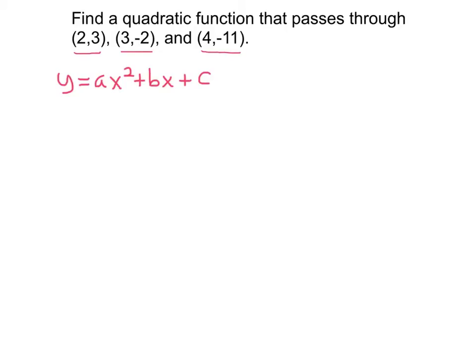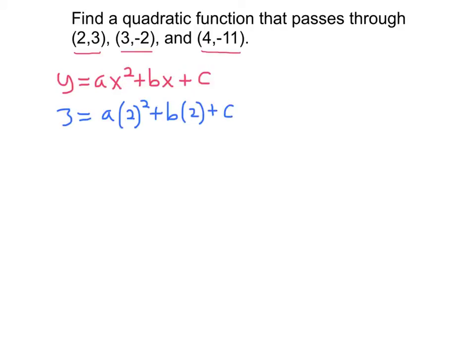Now the first step in doing this is to take each ordered pair one at a time and substitute the x-coordinate in for the x and the y-coordinate in for the y in our equation. So let's start with the ordered pair (2, 3). So we're going to substitute a 2 in for x and a 3 in for y. So that gives us 3 equals a times 2 squared plus b times 2 plus c.